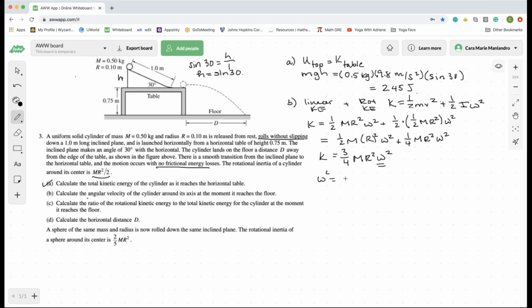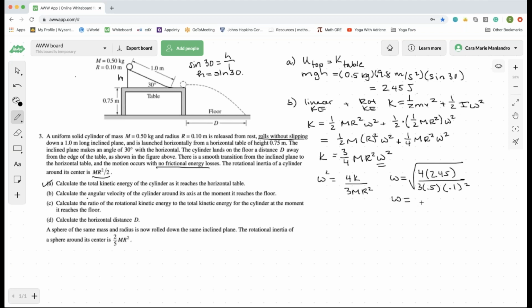Okay, so omega squared is 4K divided by 3mr squared, and then I need to square root that. So 4, and then we just solved for K, so 2.45, and then 3 times 0.5 times 0.1 squared.